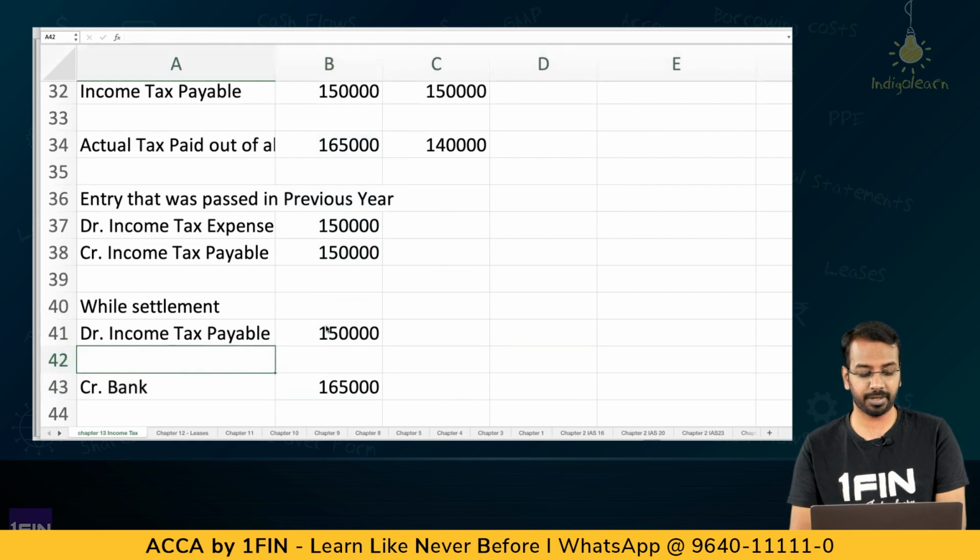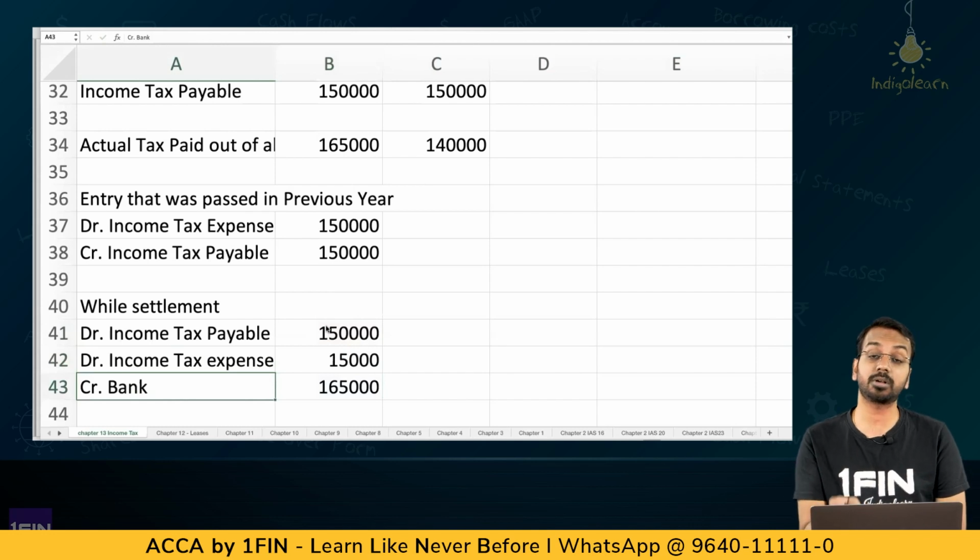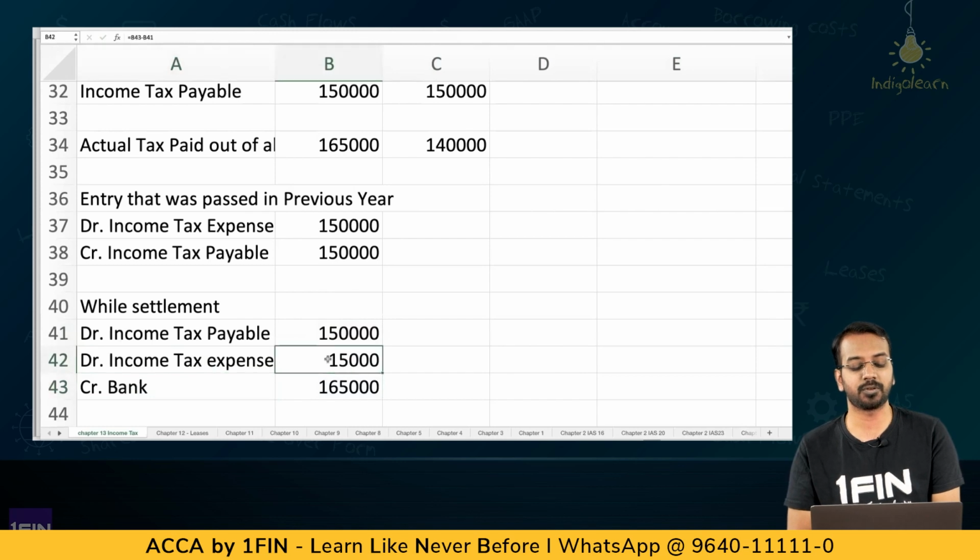So the difference is my expense. So debit income tax expense, difference between these two, and this income tax expense is also considered to be current tax expense. Now don't think, sir, this was tax expense of previous year, why are we saying current tax? Because this is something which is not a deferred tax. So all of the tax expense which you are paying as per the tax provision is current tax only. So you will take it to income tax expense 15,000.